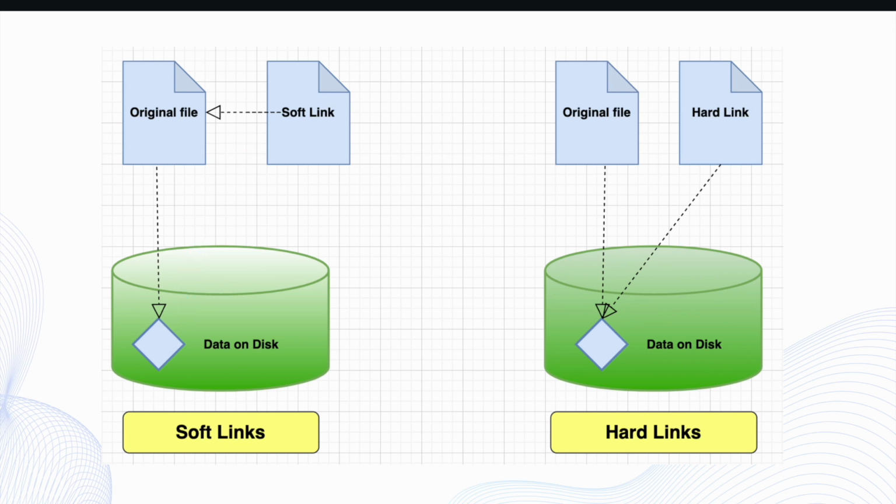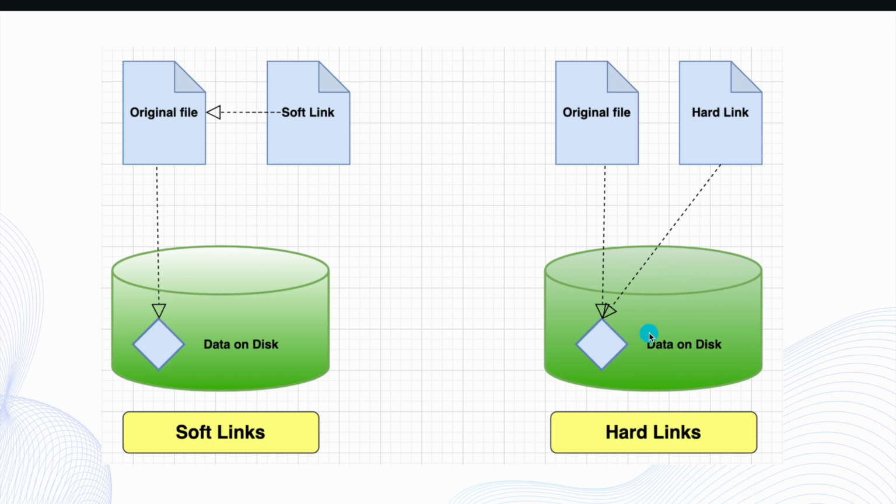That's why, like I said in the last slide, if you remove the original file, you will not be able to access the contents of the source file, because a soft link is basically a pointer or shortcut to the original file. So you cannot get the data here.